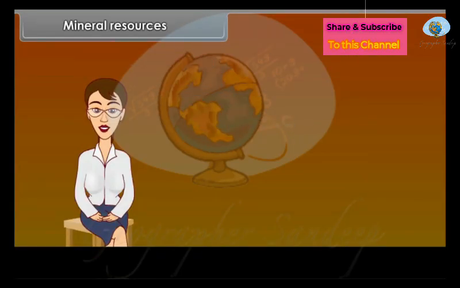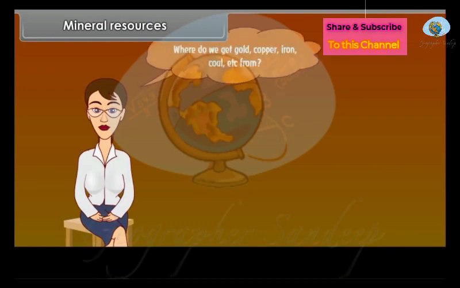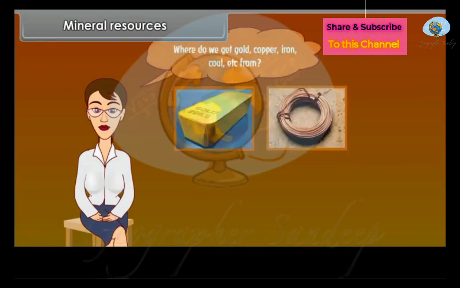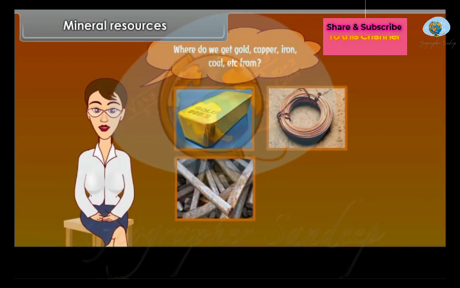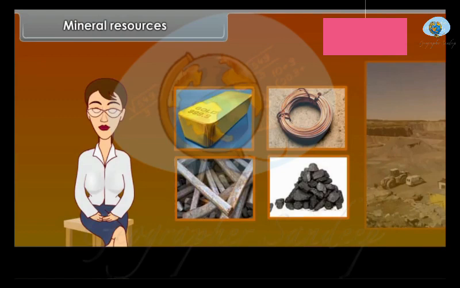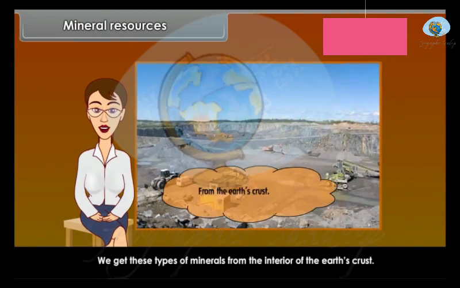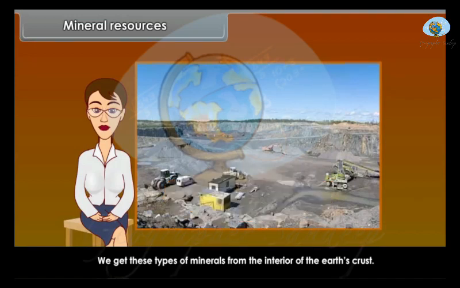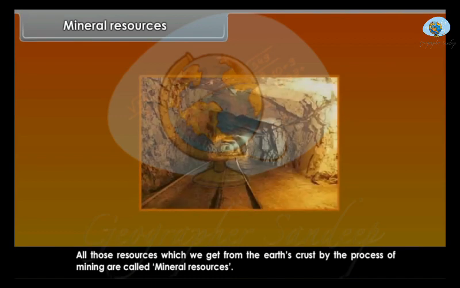Mineral resources. Where do we get gold, copper, iron, coal, etc. from? The Earth's crust. Yes, we get these type of minerals from the interior of the Earth's crust. All those resources which we get from the Earth's crust by the process of mining are called mineral resources.